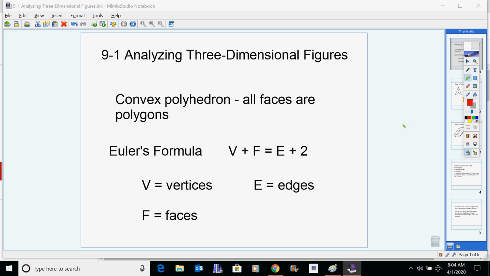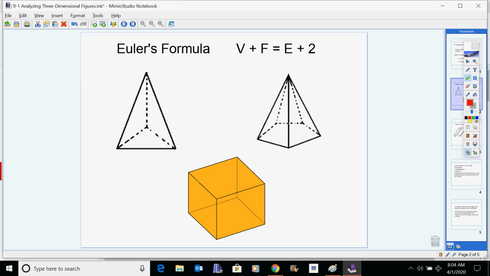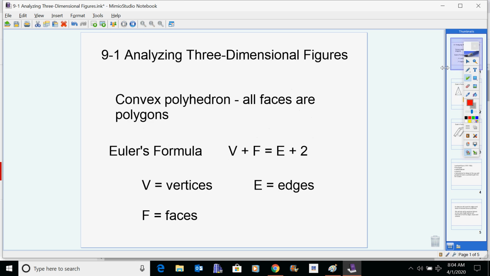And a polyhedron means that if you go around it, all of the faces of this three-dimensional shape are polygons. We'll be looking at these a little more closely, but here are some examples of convex polyhedra.